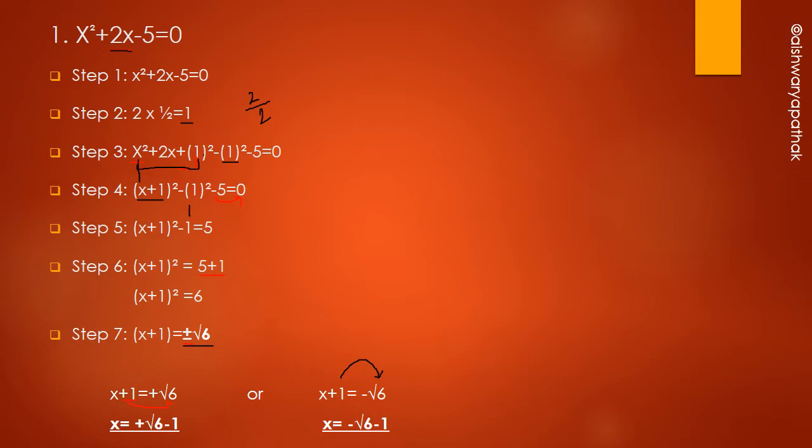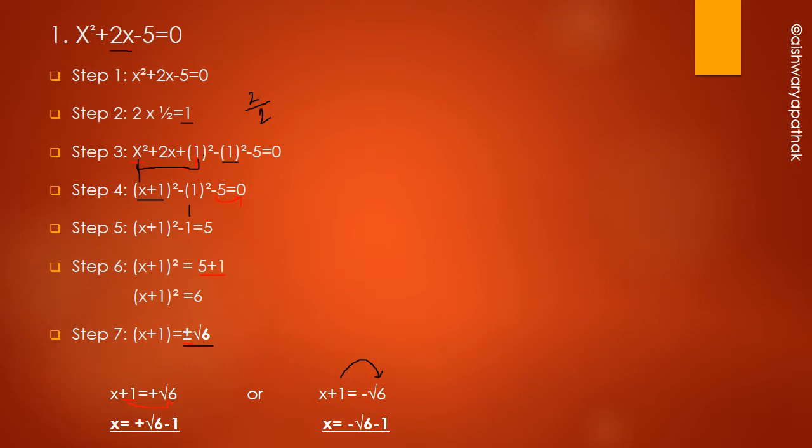I think you know this rule very well, that if it is negative, then when it goes to the other side, it becomes positive. So here minus 5 is on the left hand side, and when it goes to the right hand side, it becomes plus 5.